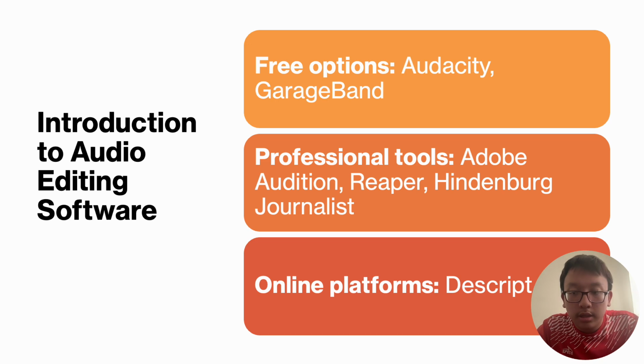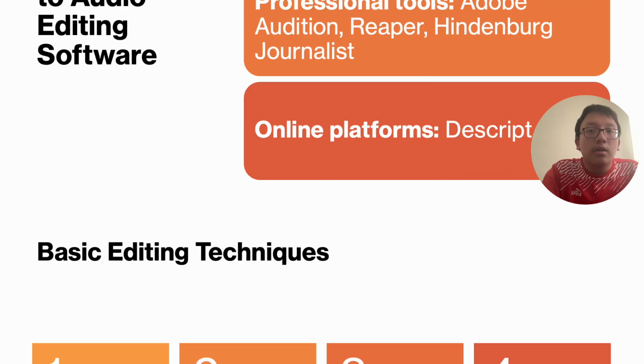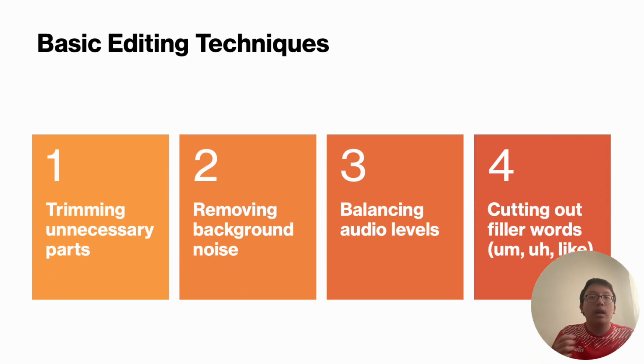But yes. So speaking of editing, I want to teach some editing techniques. The first step of editing is cutting out unnecessary parts, long pauses, mistakes, or off-topic discussions. Number two is removing background noise. Use noise reduction tools to remove background noise and balance audio levels so voices are clear, which is step number three.